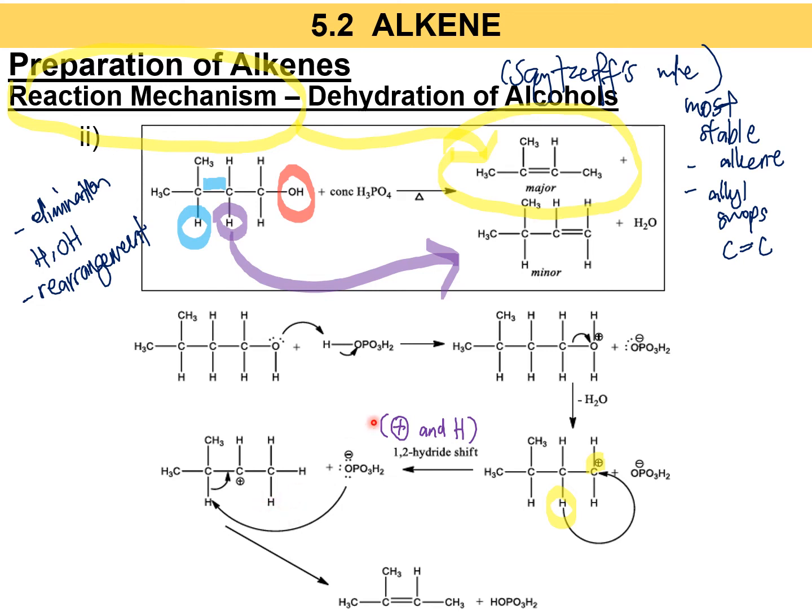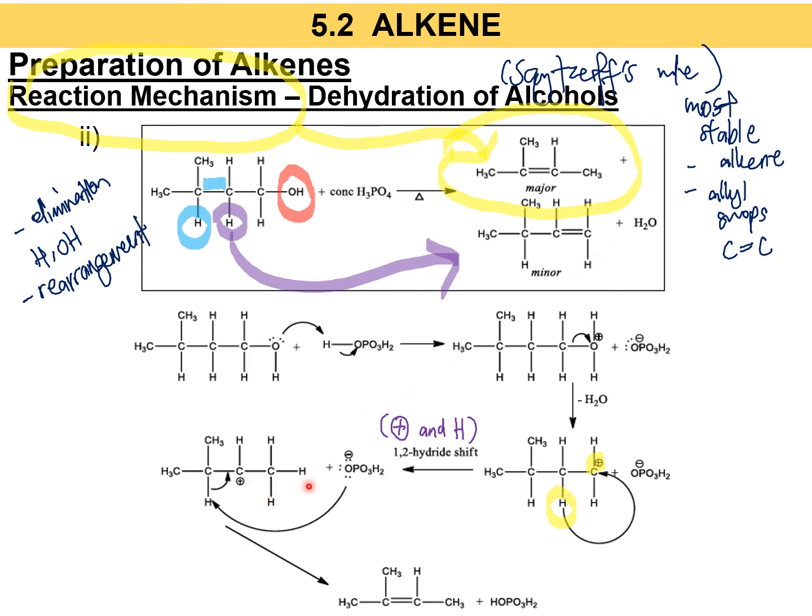It will fall back to being the minor product, which in this case, we want to do the reaction mechanism even though there is a major and a minor product. Okay, but if the question does not ask, basically normally they will want you to show the reaction mechanism of the major product. Okay, so you have to make sure this lone pair takes this hydrogen, not this hydrogen. If it takes this hydrogen, it will go up and form the minor product.